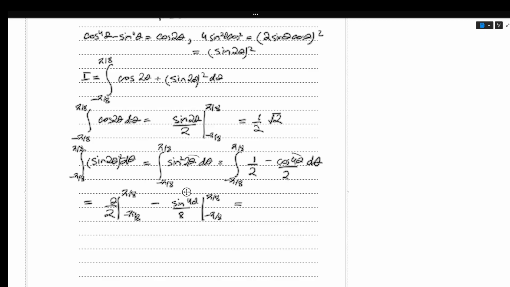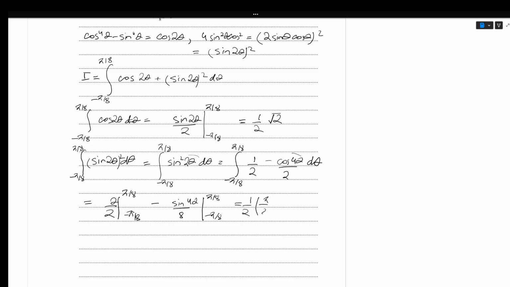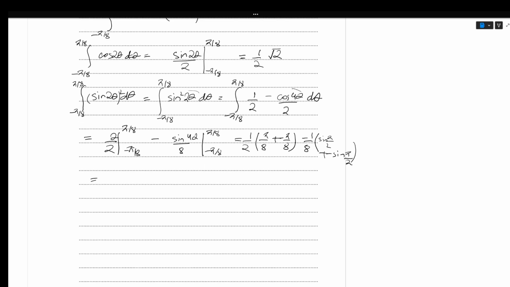Okay, so in this limit it is 1/2 times (π/8 minus negative π/8). So the two minuses make it a plus. Then minus 1/8 times (sine π/2 minus sine of negative π/2). Two minuses make it a plus. I'm just putting in the limits mentally.